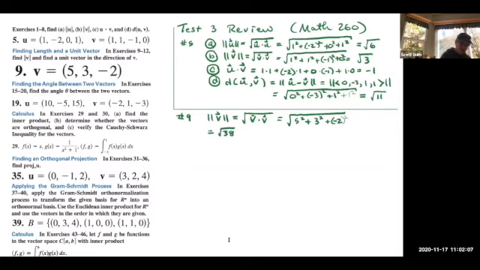Then the unit vector, I'll call it u, has to be V over its magnitude: 5, 3, -2 divided by the square root of 38.